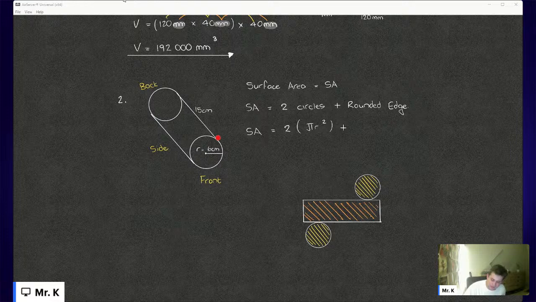In this case, it's 15 centimeters. This is not the most accurate drawing, guys, but let's say that this is the 15 centimeters over here. If I know that this long edge on the side of my rectangle needs to be able to wrap around this circle once, it means that the length of this side has got to be the perimeter of a circle.